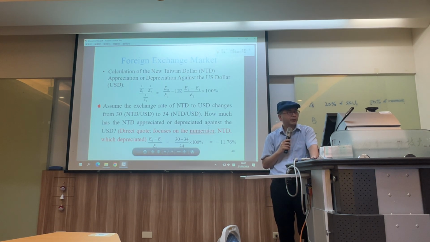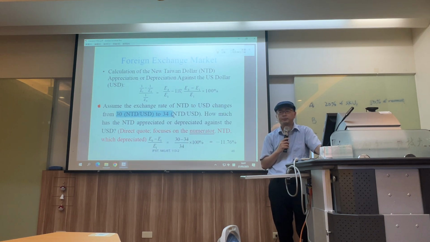So, for example, we talk about one example where the direct quote between the New Taiwan dollar versus the US dollar has increased from 30 to 34, right? What does it mean?